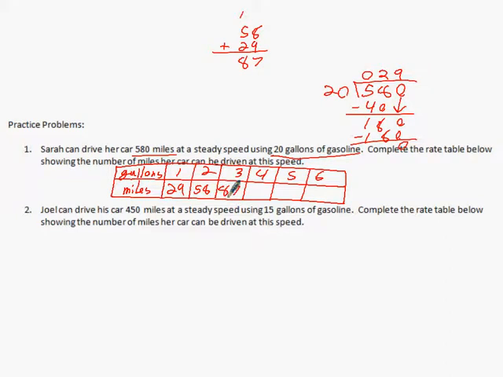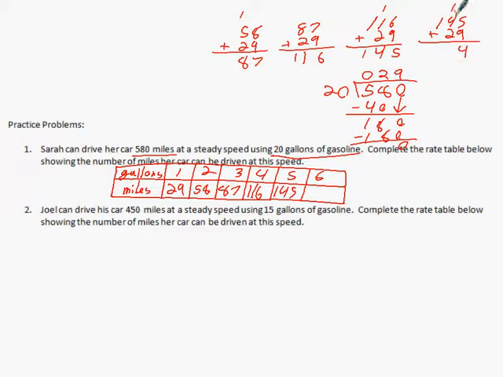Plus 29 is 116. Plus 29 is 145. And plus 29 is 174. So there's a rate table.